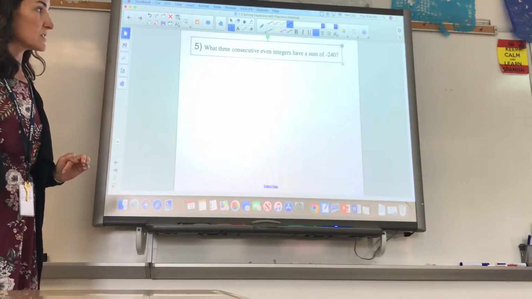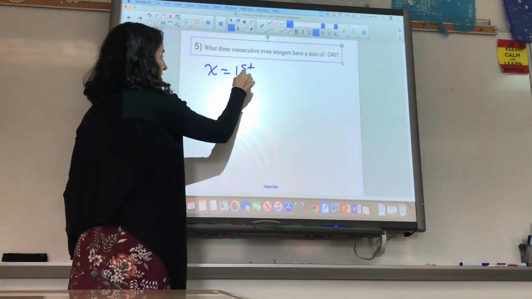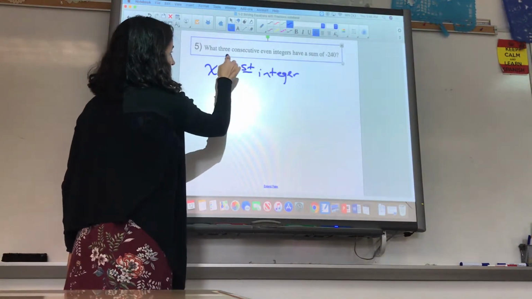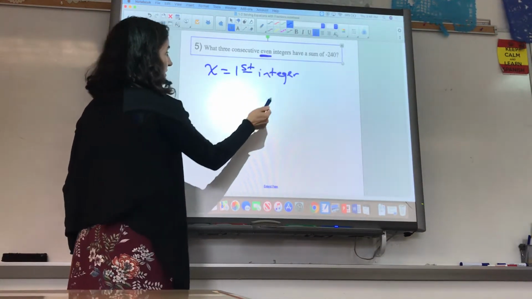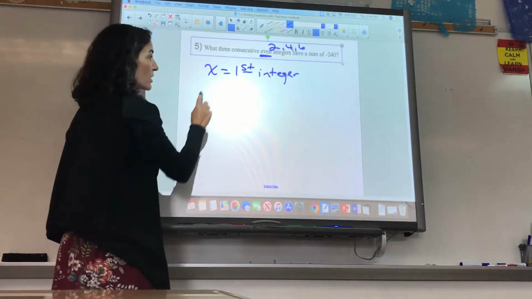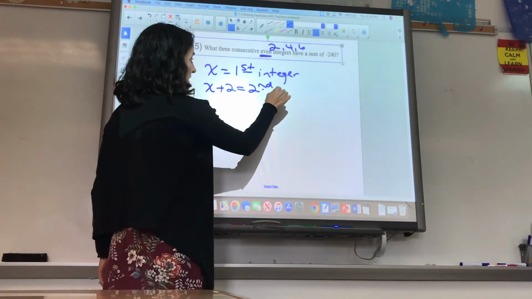What 3 consecutive even integers have a sum of negative 240? If x equals the first integer, these are consecutive even. So if you think of 2, 4, 6, to get from 2 to 4, I need to add 2. So x plus 2 is my second integer.